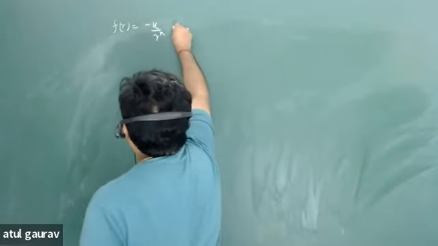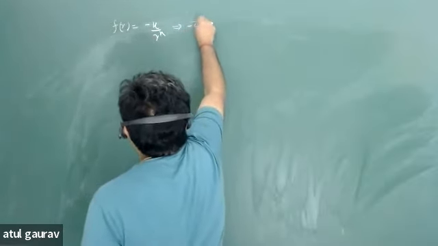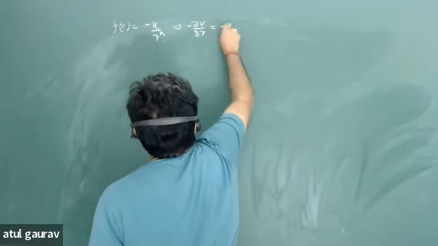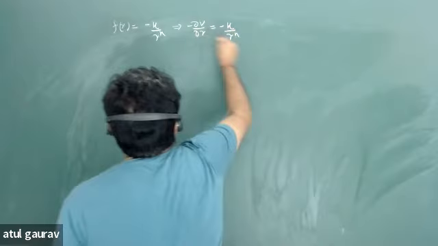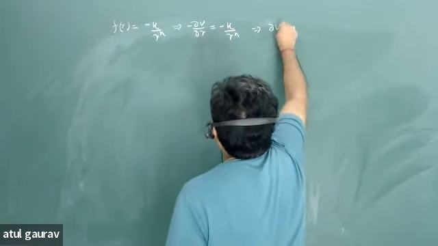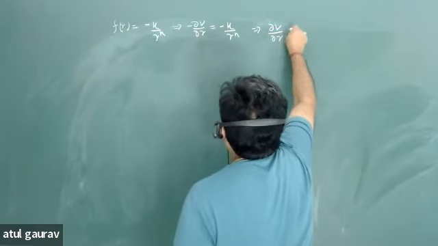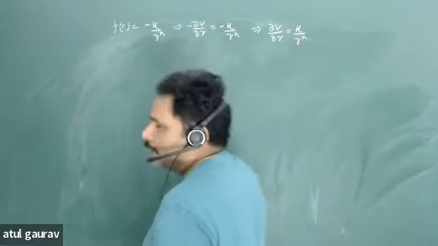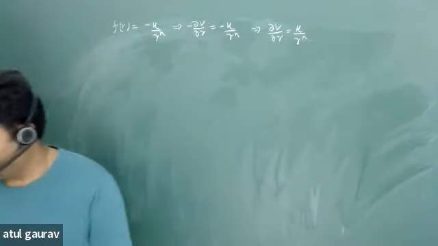This thing is nothing but minus del V upon del r is equal to minus k by r to the power n. So you can have del V upon del r is equal to k by r to the power n. Okay?